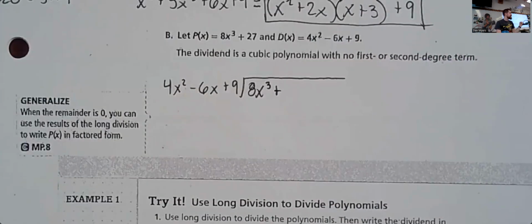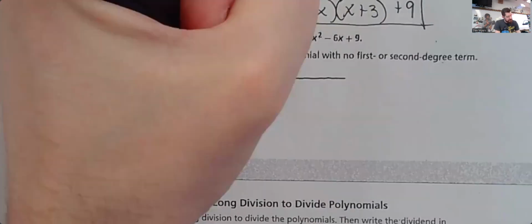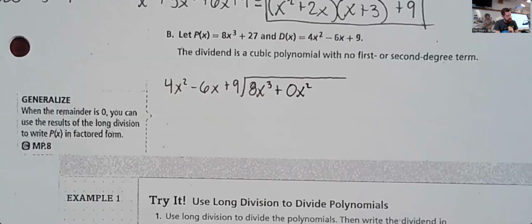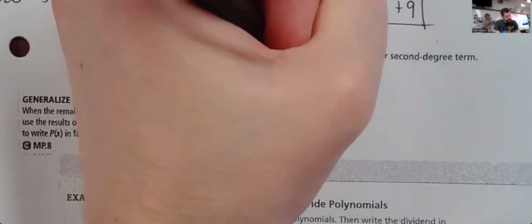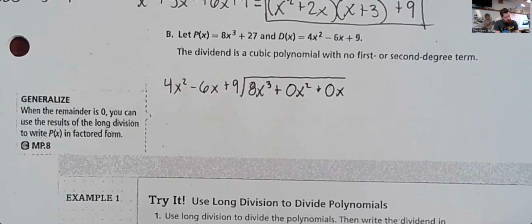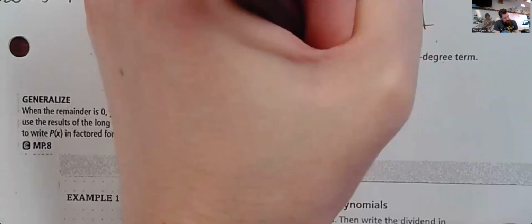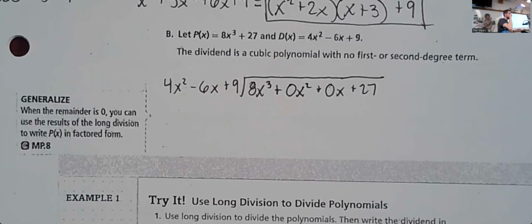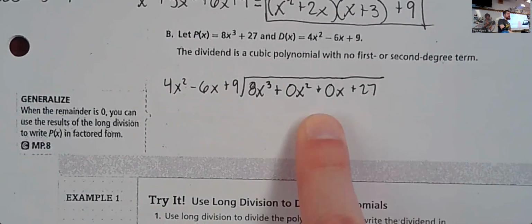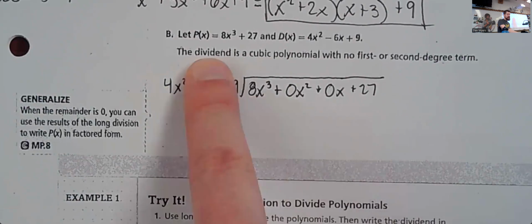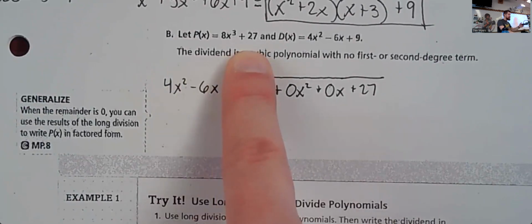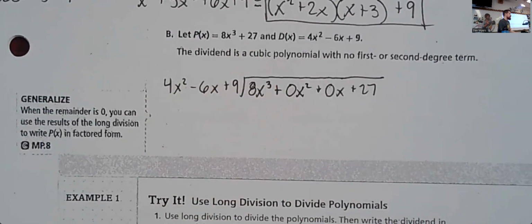What number would go next to it if it's not in the original polynomial? 0. So plus 0x squared. Same thing with x. There's no x either. So plus 0x plus 27. Hey guys, listen up. You must include values for every exponent on the way down, even if there is no coefficient value in the original problem. They have to be accounted for. So fill in with zeros on the ones that aren't there.